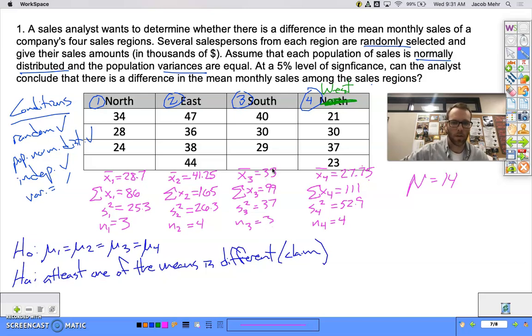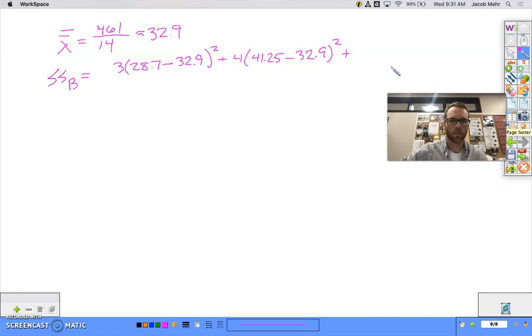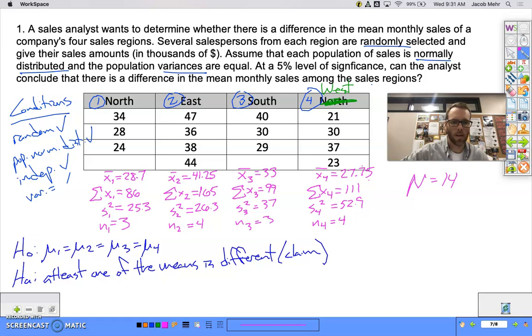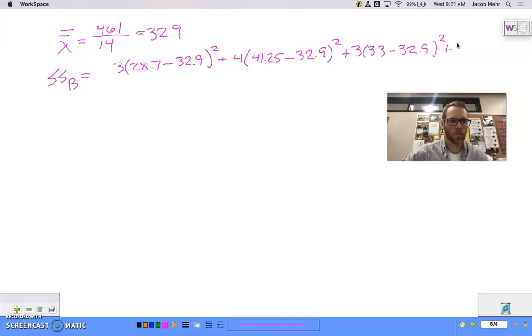Now we'll go to the next one. Sample size was 3. Sample mean was 33. Plus one more, the last one, 4, sample mean 27.25. I'm running out of room. I was writing too big.